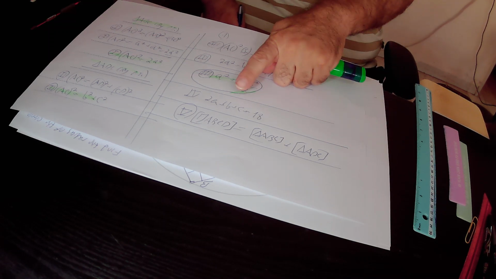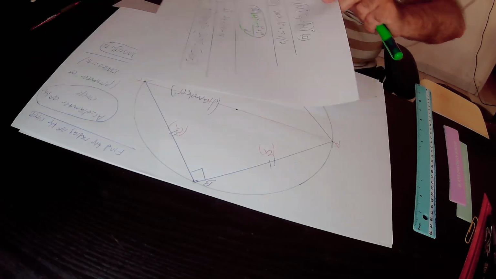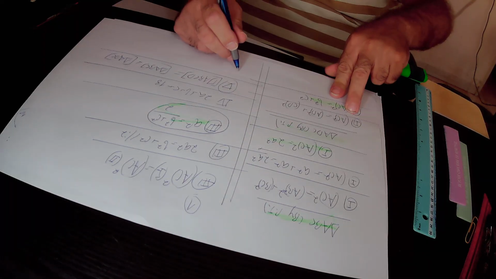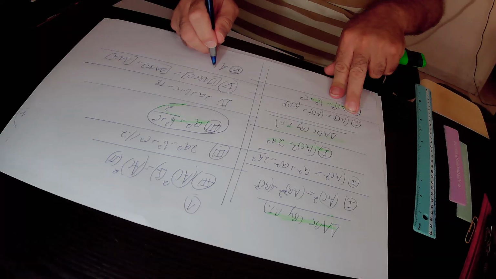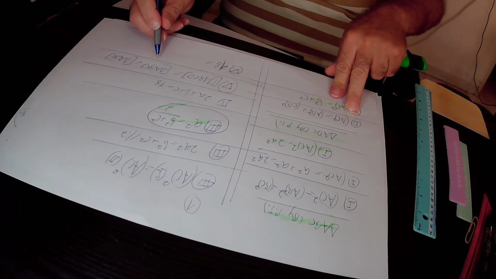We know that the area of quadrilateral ABCD equals 16, so we substitute the area of quadrilateral ABCD by 16. So 16 equals the area of the right triangle ABC.